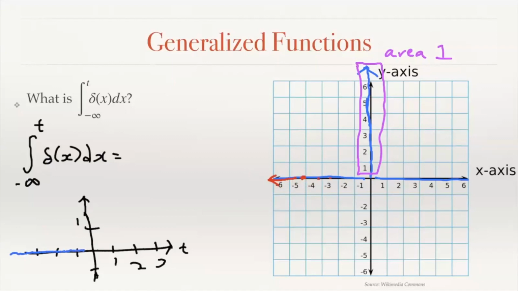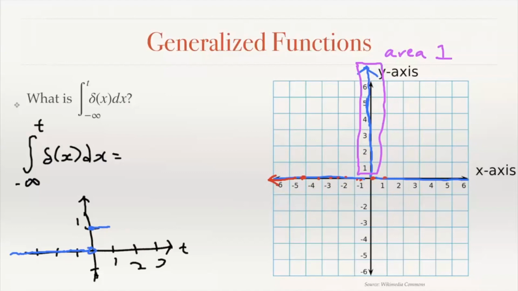What happens as we move to the right? Okay, we don't add any area. And what happens right here? How much area have we added as we have moved from left to right and gone just past this, quote, rectangle of area 1? Well, now we've suddenly added an area of 1. So what happens there is we jump up and suddenly have area 1.